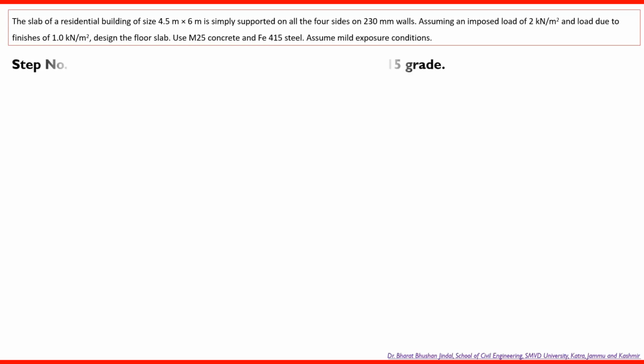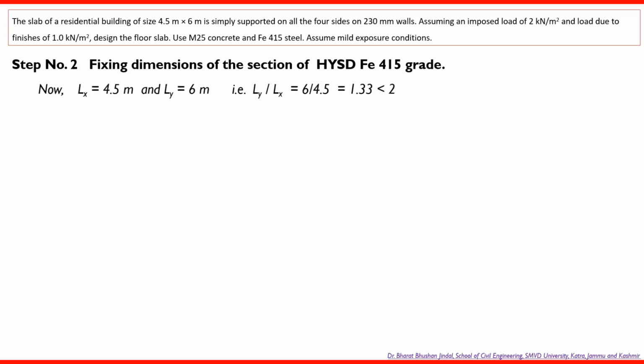In step number 2, we are going to fix the dimensions of the section based on the grade of steel and the grade of concrete. As mentioned in the statement, the size of the slab is 4.5 meter by 6 meter, supported on the 230 mm wall. Let us consider that the shorter span is along the x direction and the longer span is along the y direction.